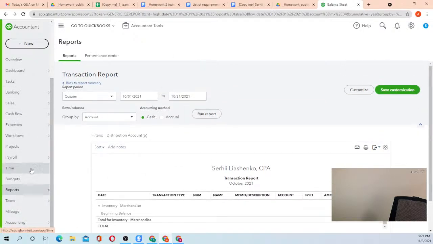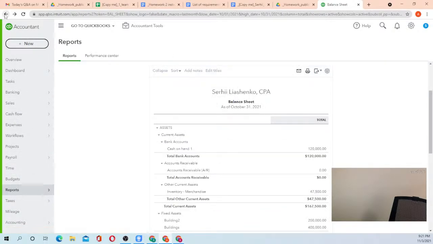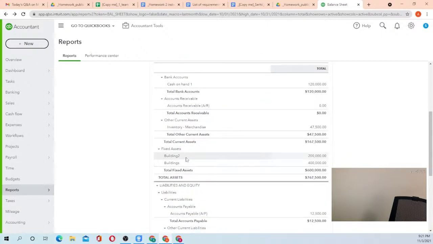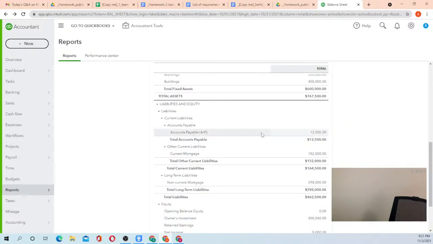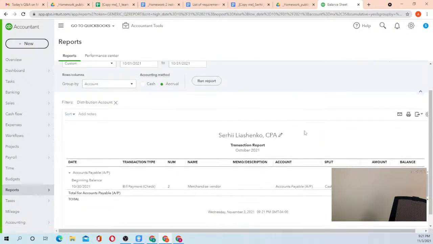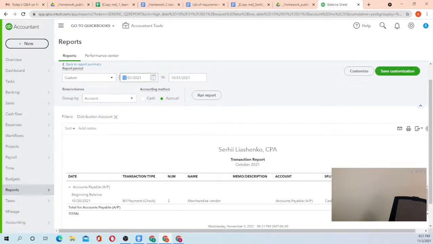So let's go back to balance sheet. And let's go into accounts payable. And we have 1200 here. Let's start with September. Run report.